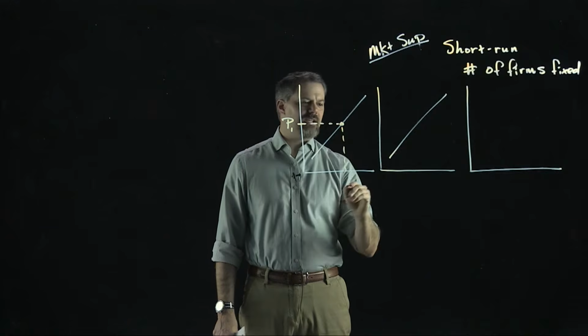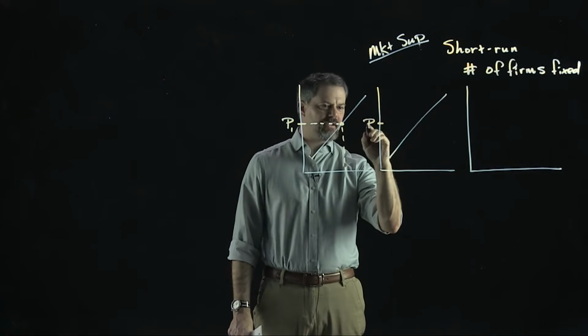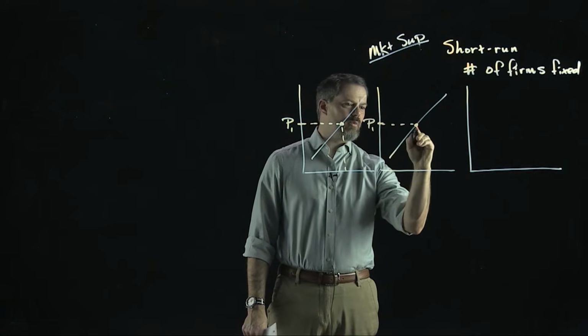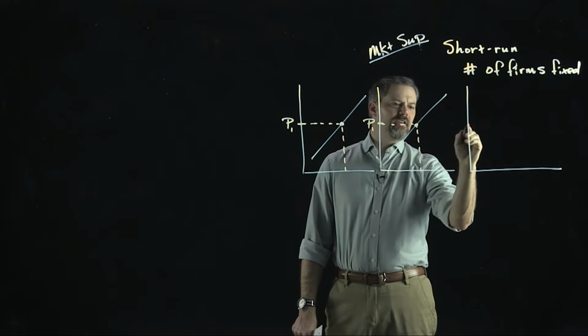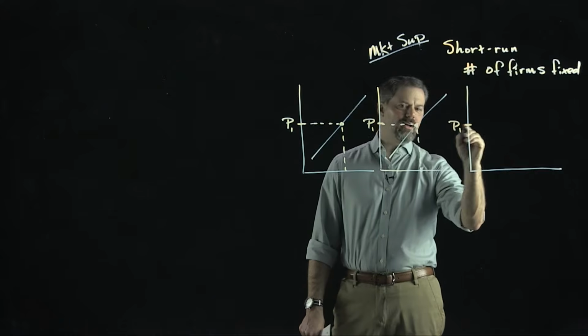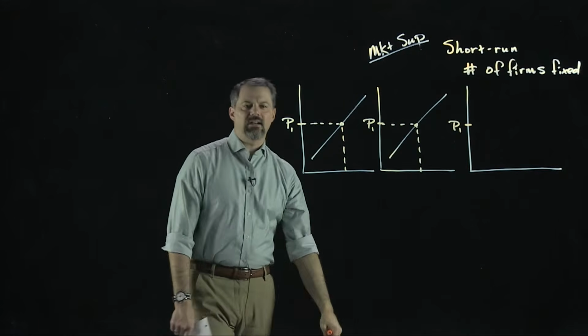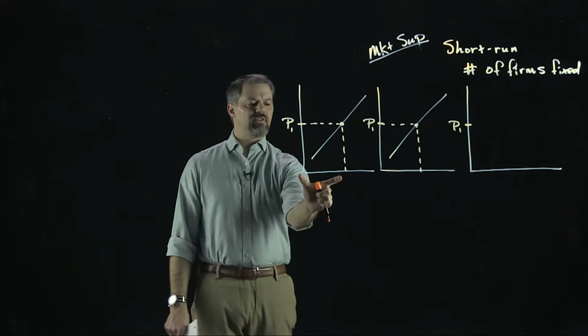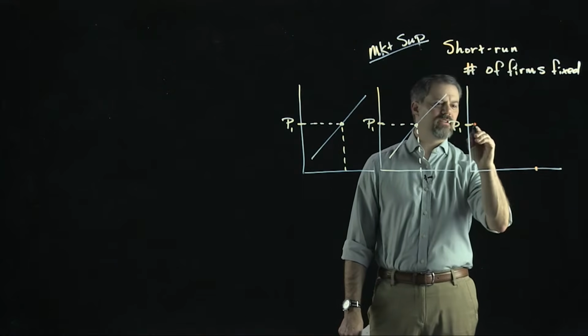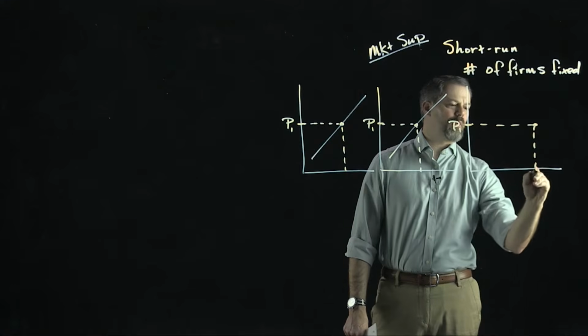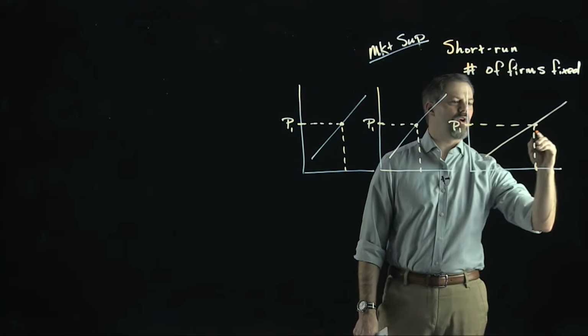That gave us a quantity here, and at that same price we looked at how much this firm would want to supply, and then that told us that over here at that same price of P1, the total quantity supplied in the market, if these were the only two firms, is this quantity plus that quantity. It's going to end up being something out here, and so that would give us a point on what would end up being the market supply curve.